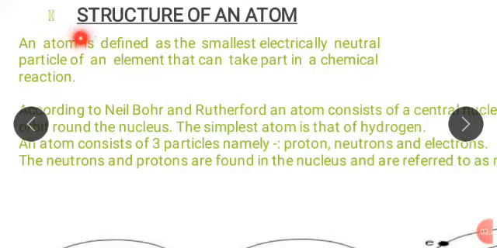An atom is defined as the smallest electrically neutral particle of an element that can take part in a chemical reaction.